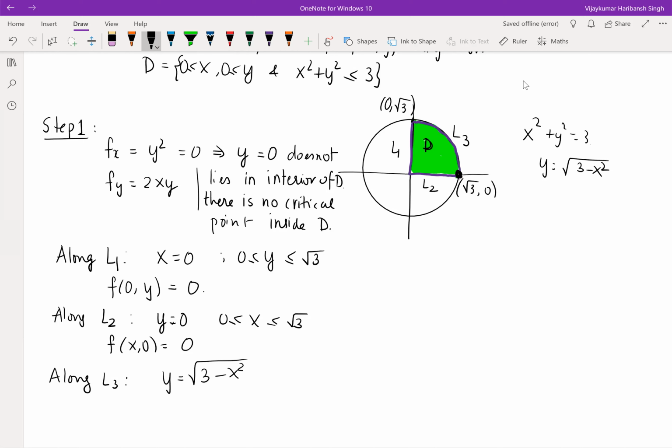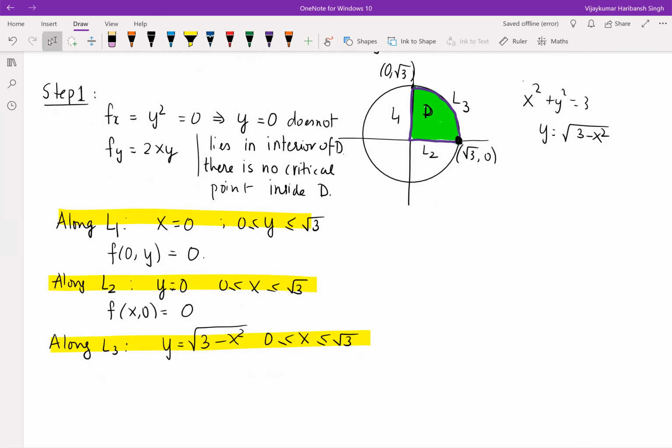So we can say our x is between 0 and square root of 3. So these are your L1, L2, and L3. So now along L3, let's see what we get. We have f of x, and instead of y, I have the square root of 3 minus x squared.